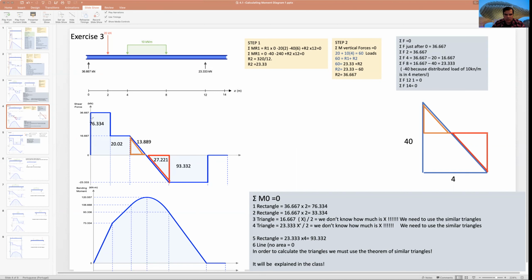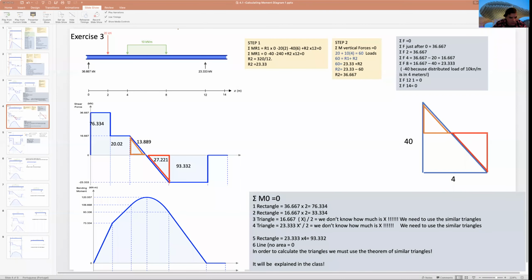It will not be difficult to find the areas of the other rectangles. Look, this rectangle is 76. Why? 36 multiplied by 2. Next one is 20. Why? Because we will have 16 multiplied by 2. This is a mistake, I apologize. Let me correct this here.